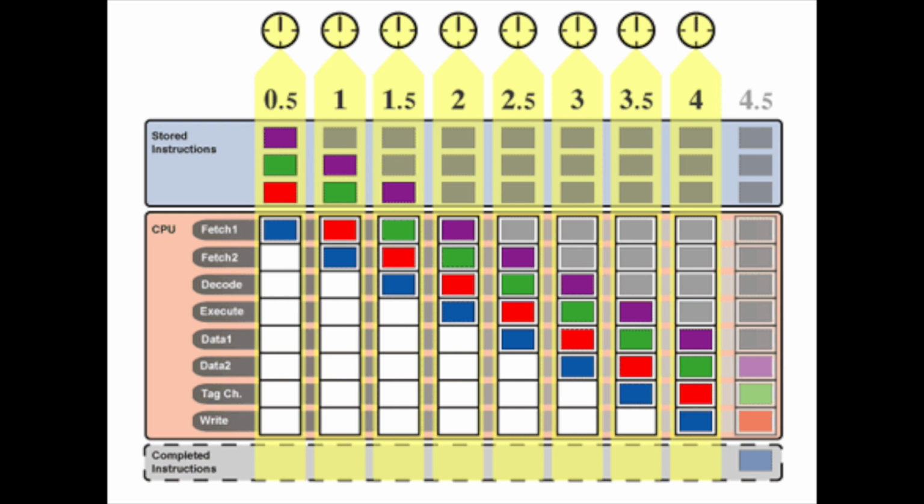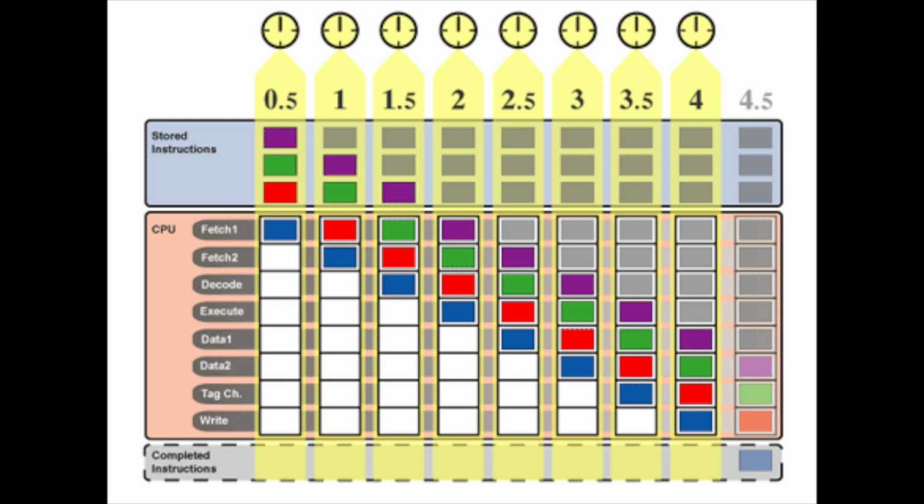Even for a very short pipeline, some x86 processors need to run 10 to 20 levels of instructions.